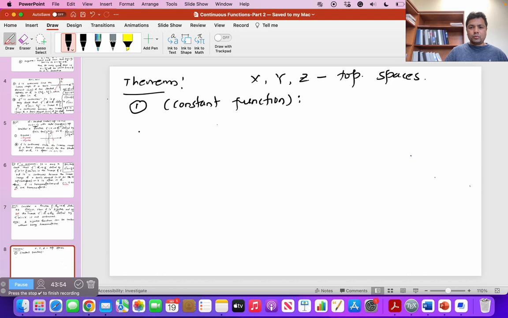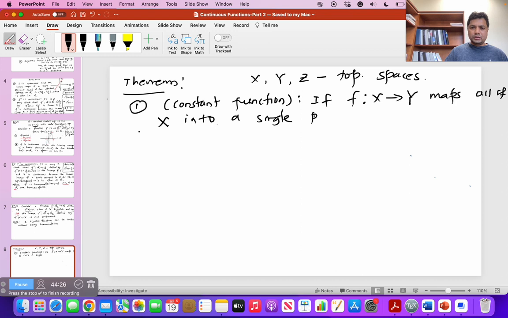If you want to write this more formally, you can write it as a statement like this. If f from X to Y maps all of X into a single point y0 in Y, then f is continuous.